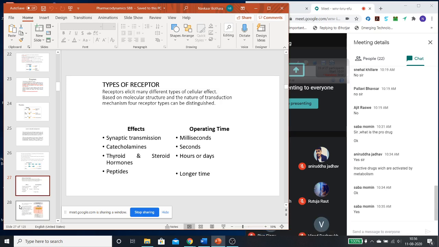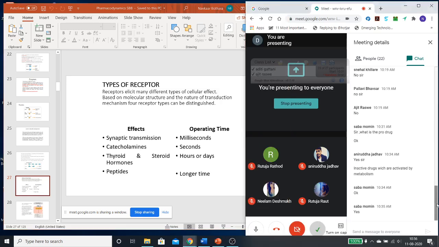Millisecond means, anybody? What is millisecond? It is thousandth of a second.